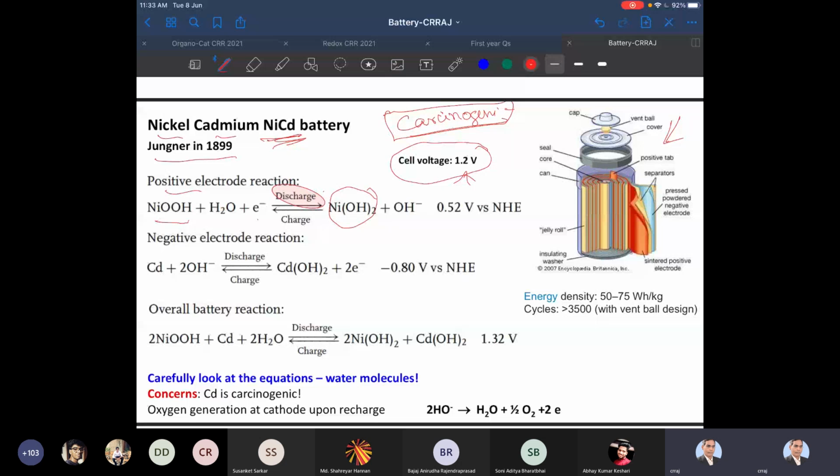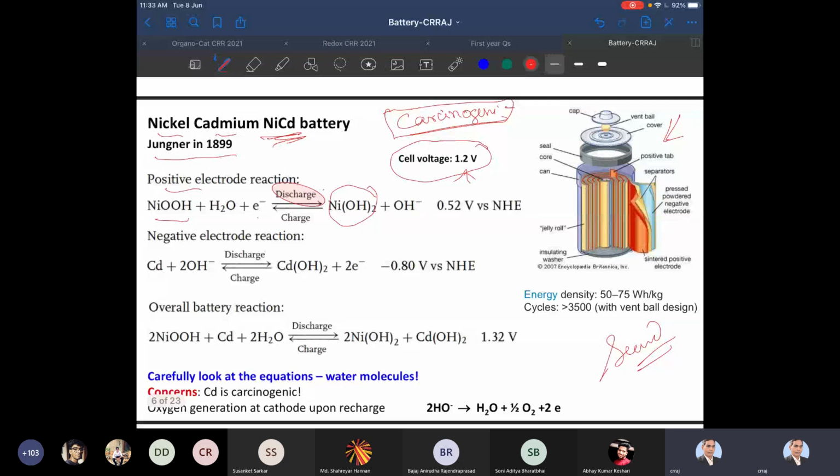So this is basically your secondary, rechargeable battery, nickel cadmium. The positive electrode is nickel. Basically, nickel oxyhydroxide that is generated on the surface undergoes the reaction during charge and discharge.